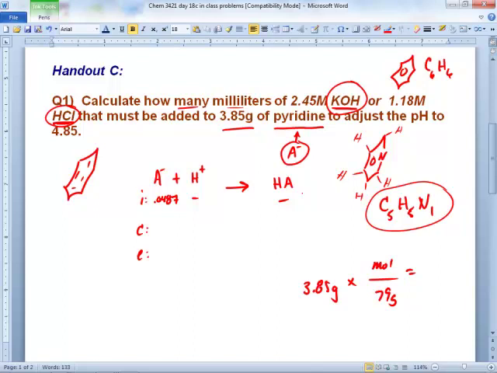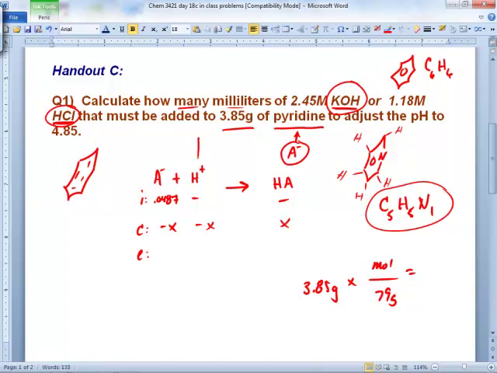Well, isn't it going to be minus x? Yeah, this stuff is reacting. And H plus is going to be minus x, technically, and then HA.